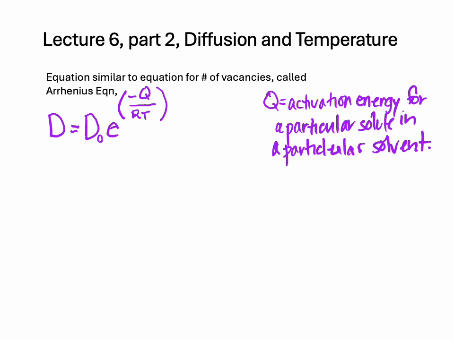There's a Q value for nickel in iron. There's a different Q value for manganese in iron.